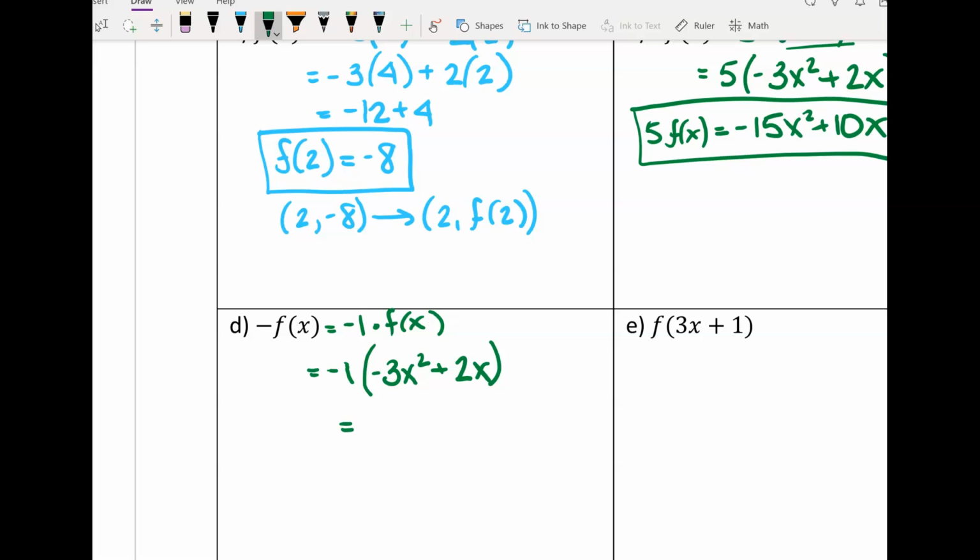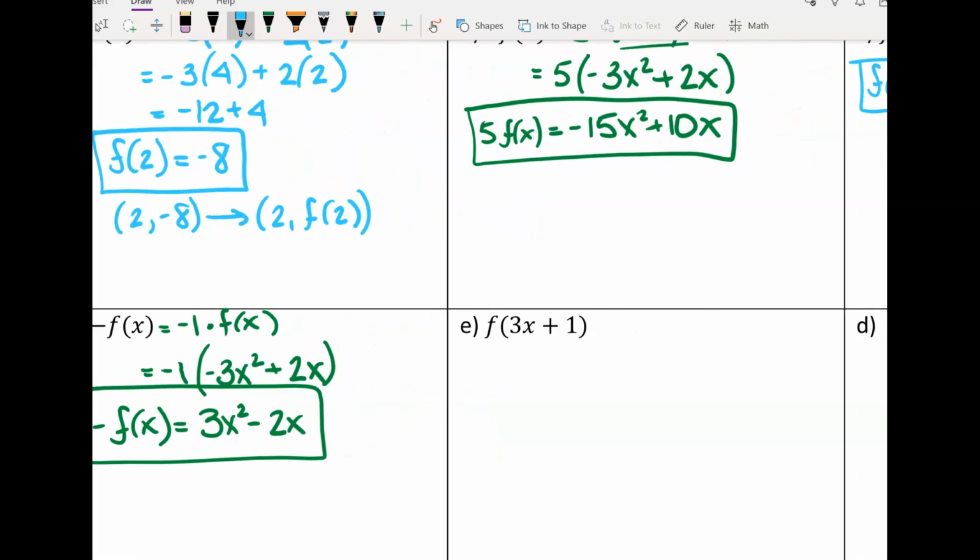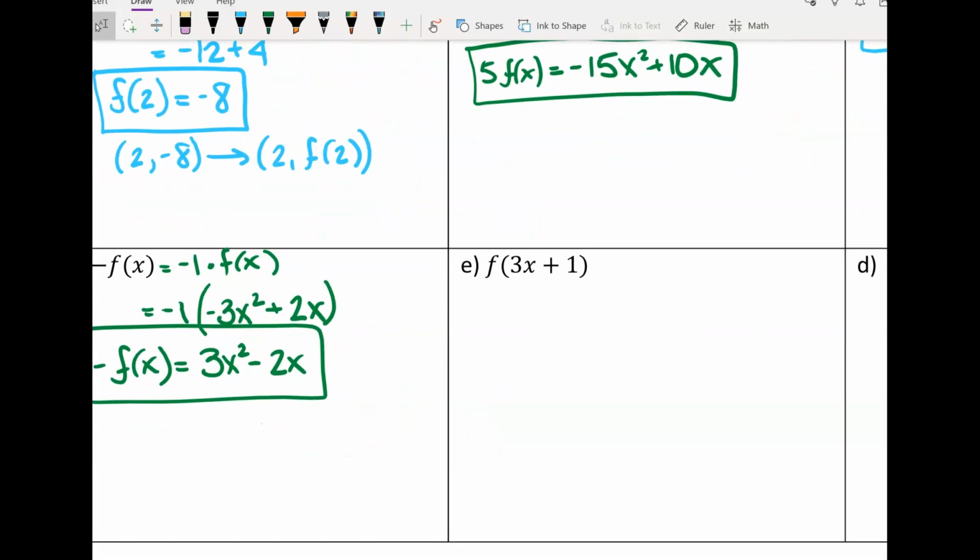Distribute the negative, we get a positive 3x squared minus 2x. So negative f of x is equal to 3x squared minus 2x. Yeah, easy, right? Just be careful with what's being asked of you because these are very simplistic in nature. Very easy to make mistakes if we don't take our time.